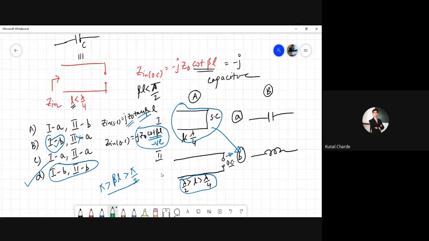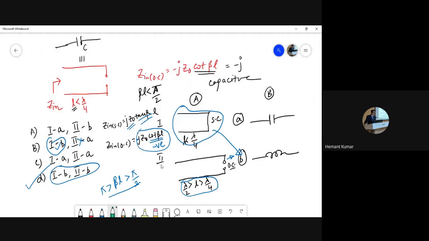How is the answer D? How is the answer B? No, no, no. The answer here is D. Option D. Okay, okay.